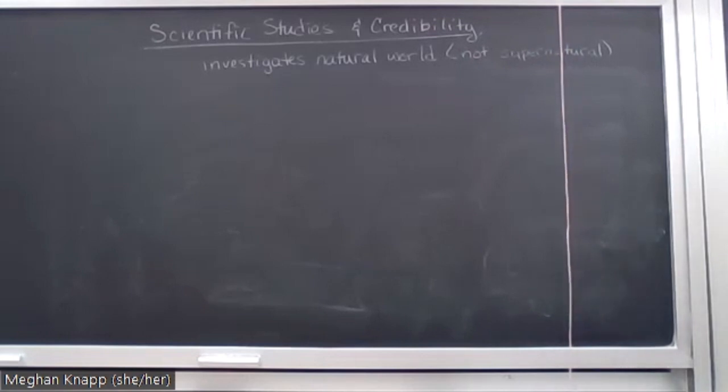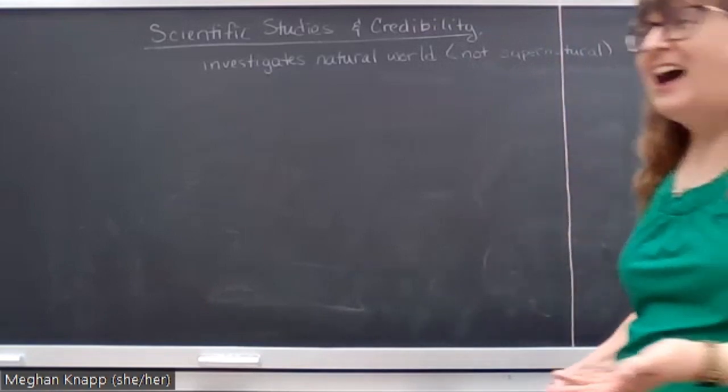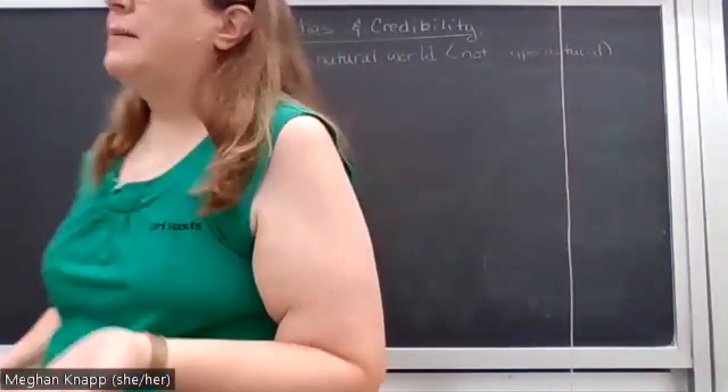So when we talk about supernatural, of course, you might think of things like ghosts or paranormal phenomena, but also included in there might be things like astrology and energy crystals and religion. It's not that science says that those things aren't real. That's not the issue at all. It's just that science can't investigate them because science has to have a testable hypothesis.